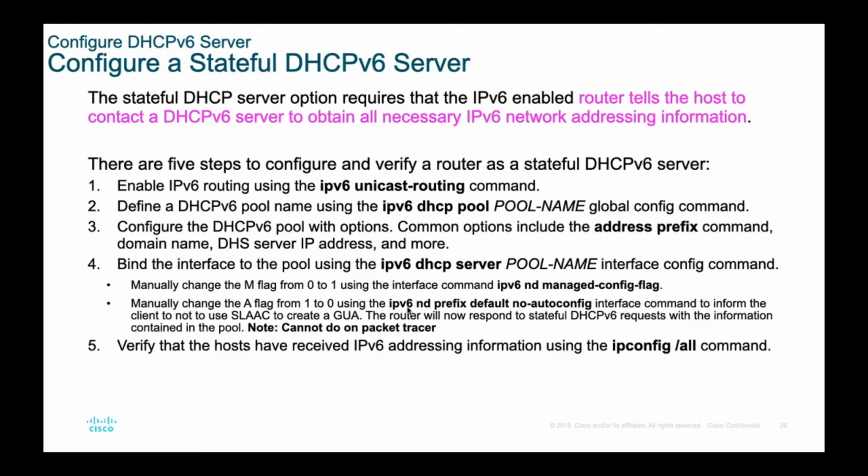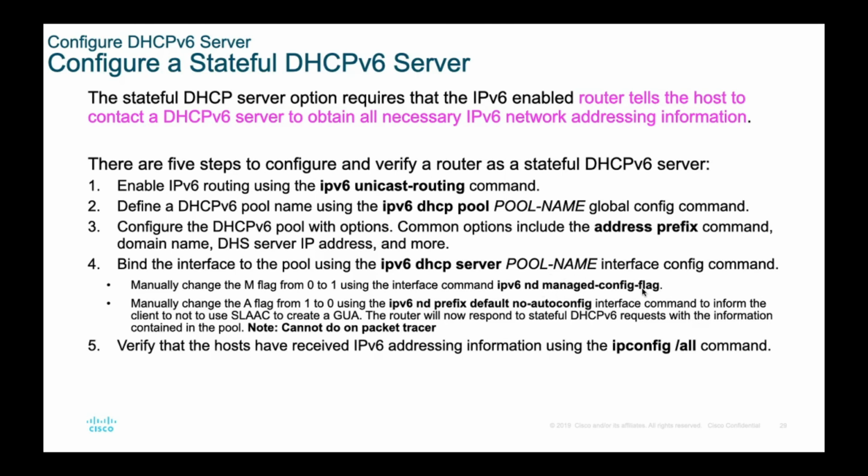Yes, inside the pool: IPv6 nd prefix default no-autoconfig. So they will not advertise the autoconfig, which means the A flag is turned off, but you cannot do that in Packet Tracer. So we need to do IPv6 nd managed-config-flag. It's not inside the pool, it's inside the interface.